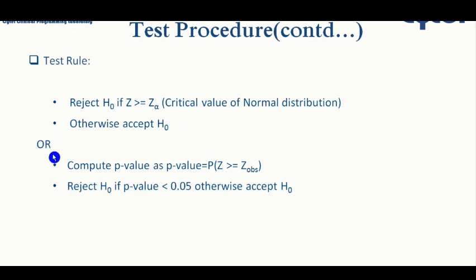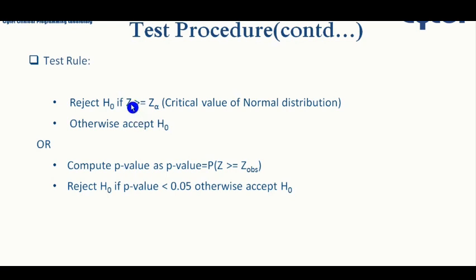There is another way of looking at the same thing through p-value. We had stopped at the concept of p-value because I thought that you should first know the procedure of conducting a statistical test.